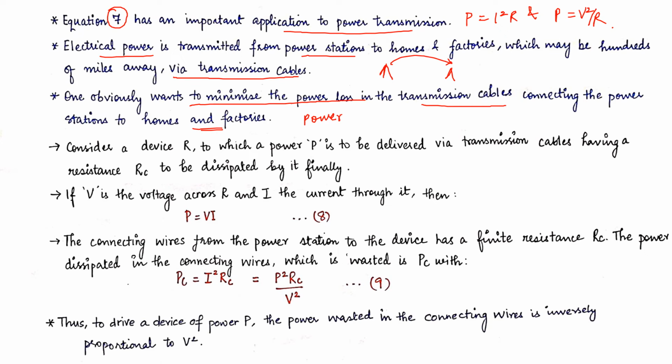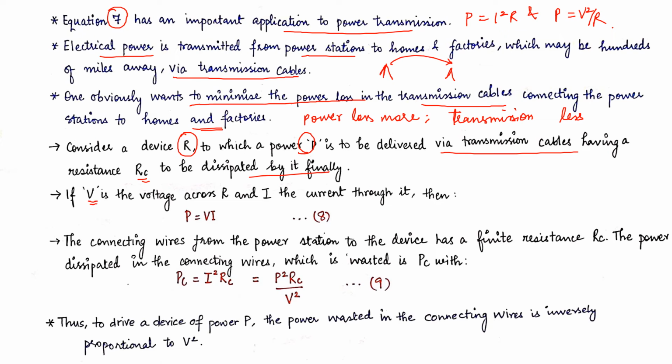If power loss is more, then transmission is less. Okay, consider a device R to which power P is to be delivered via transmission cables having resistance RC, to be dissipated by it finally.